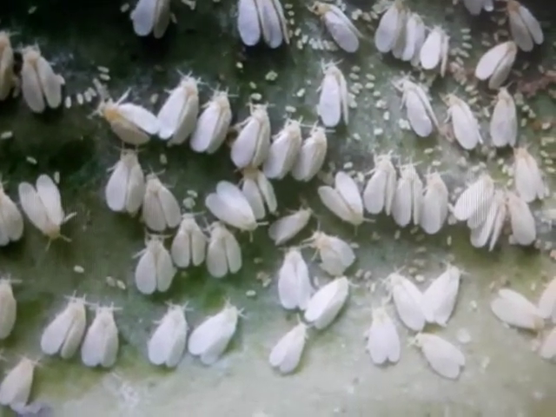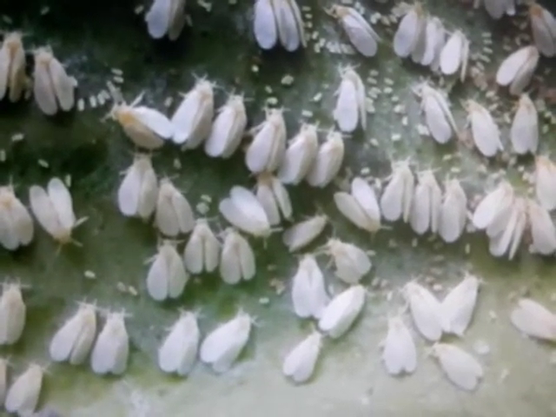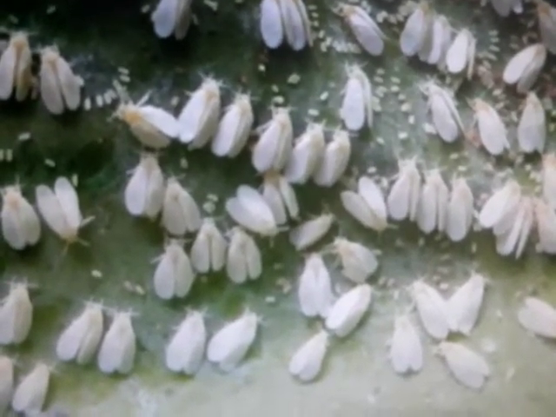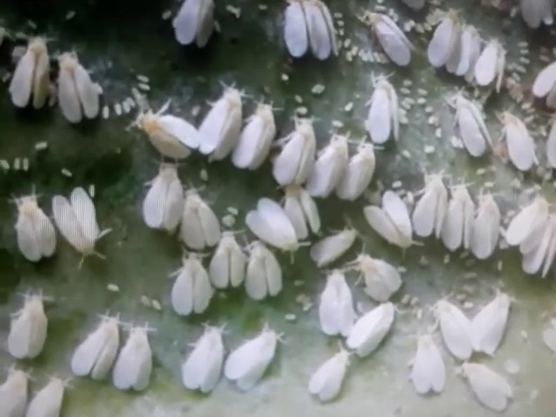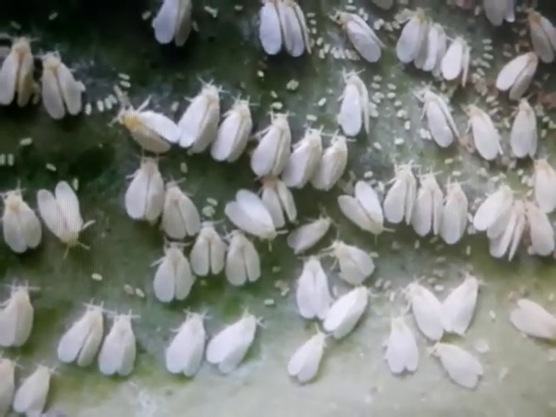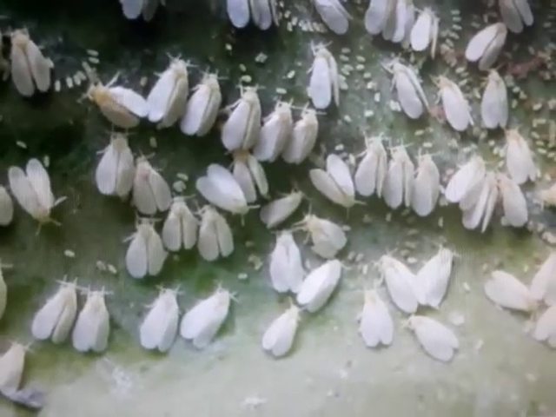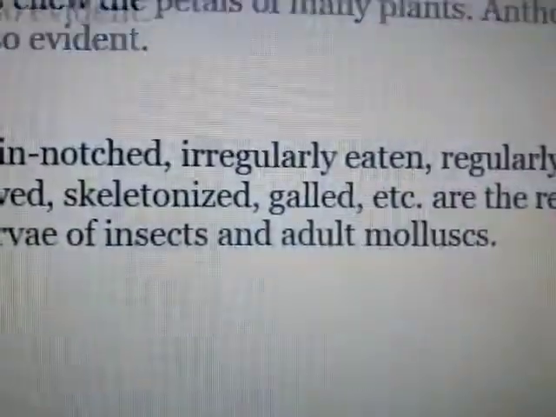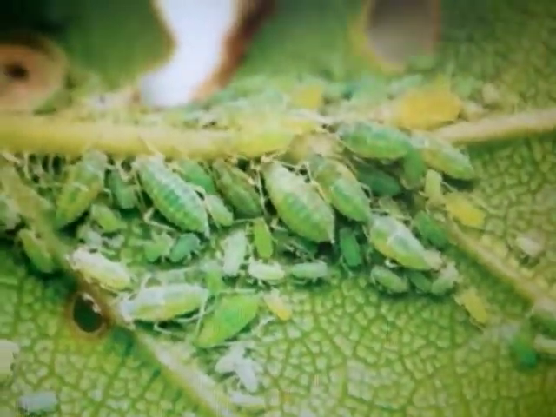Adults like beetles are also with mouth parts of cutting and chewing type, and they can also cause damage to the plants. Second, piercing and sucking type of mouth parts, they can pierce and suck the sap of the plant.